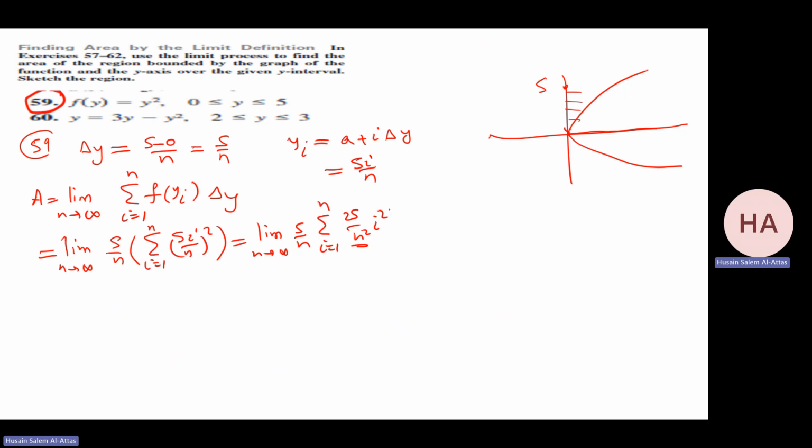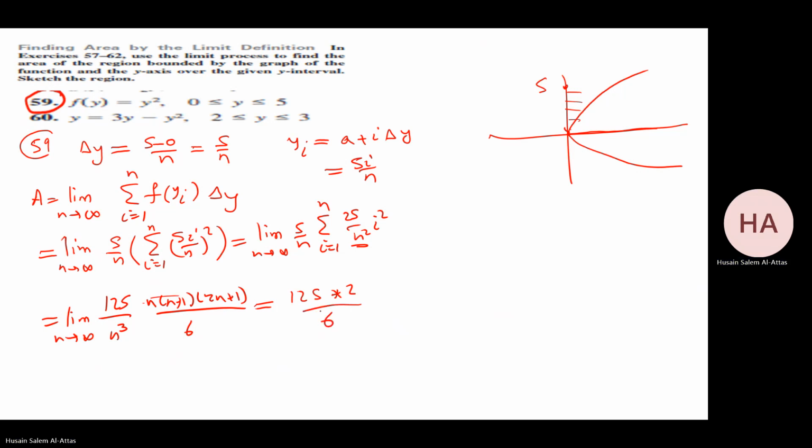This I can take out. That will be the limit as n goes to infinity of 125 over n cubed, summation of i squared, which is n times n plus 1 times 2n plus 1 over 6. So I have n cubed over n cubed. That gives me 125 times 2, the leading coefficient, over 6. That will be 3, that will be 1. So it's 125 over 3.